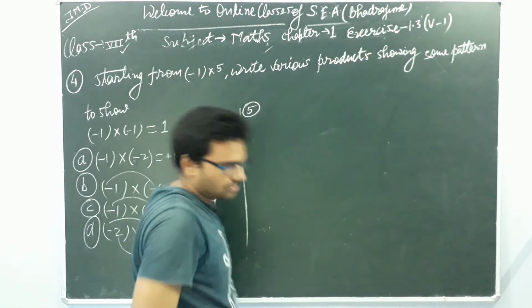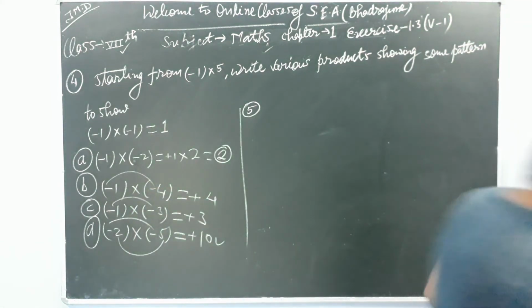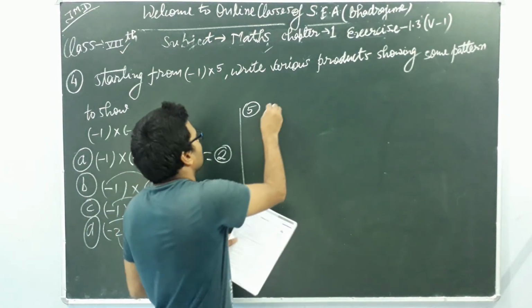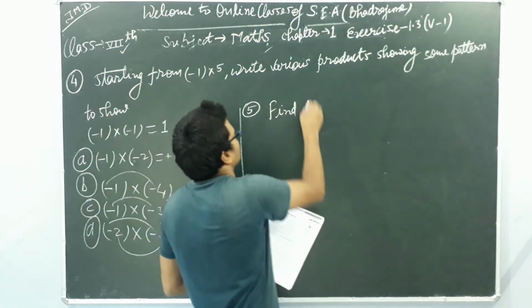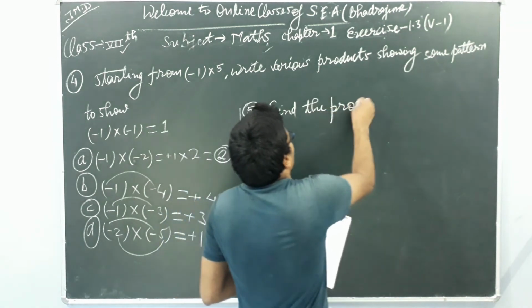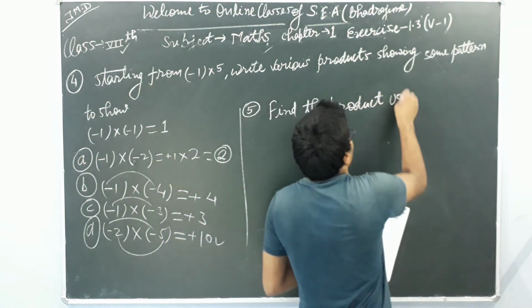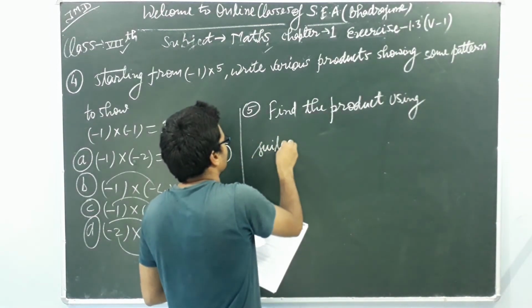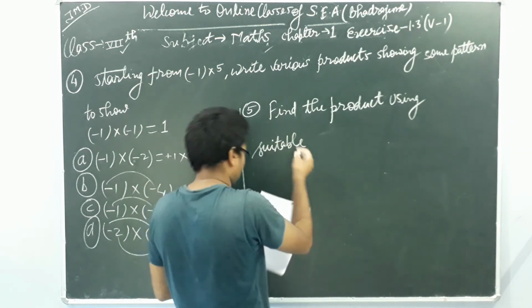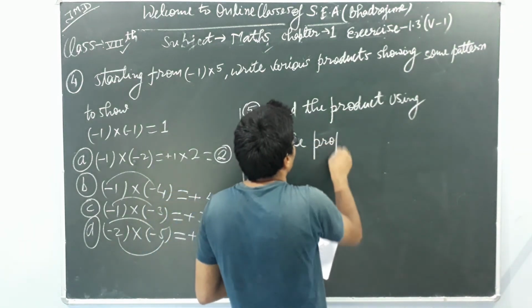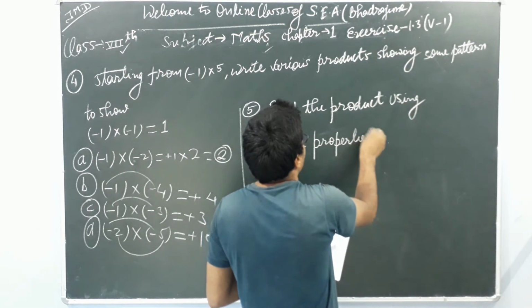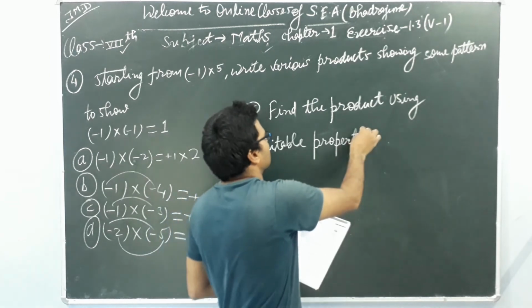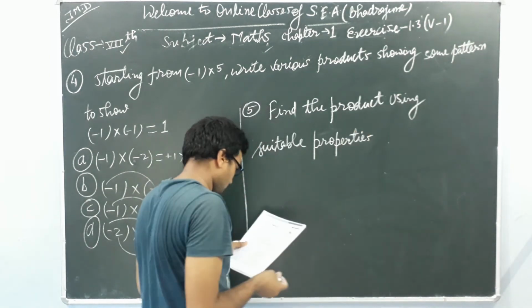Number 5 is: find the product using suitable properties.